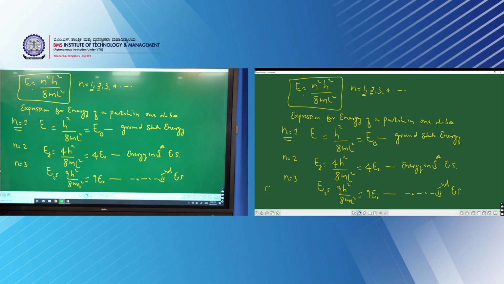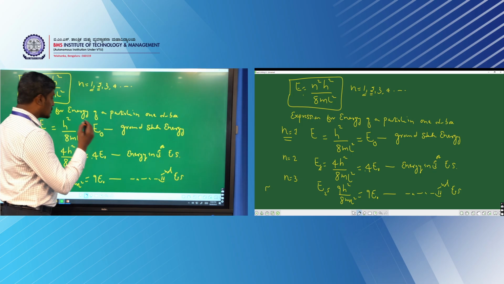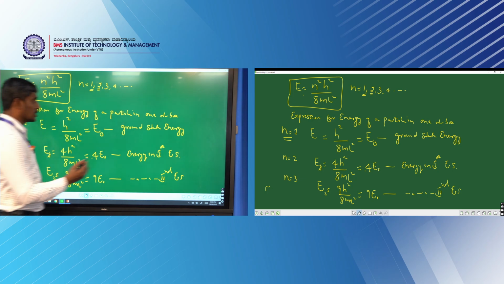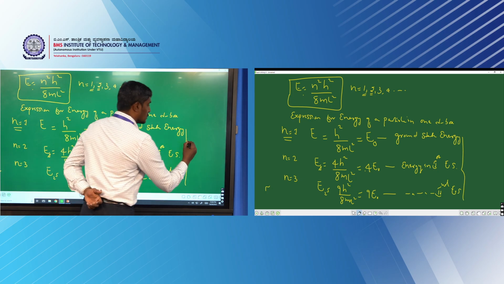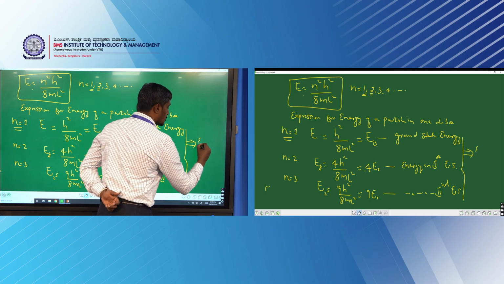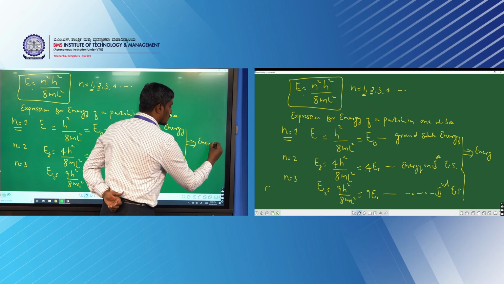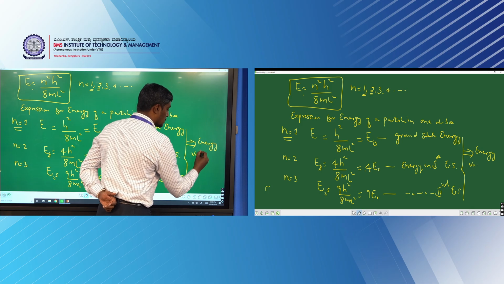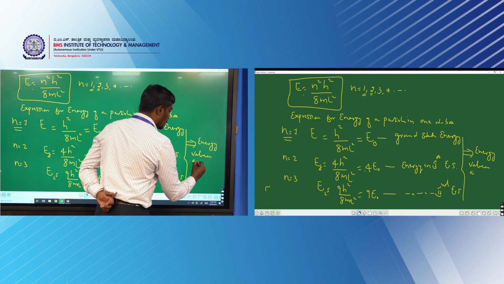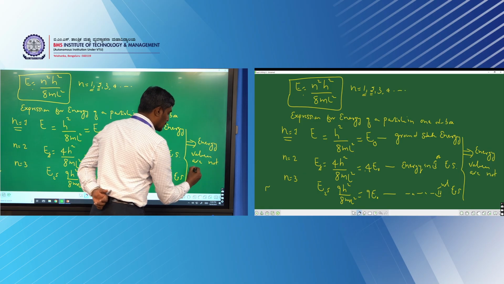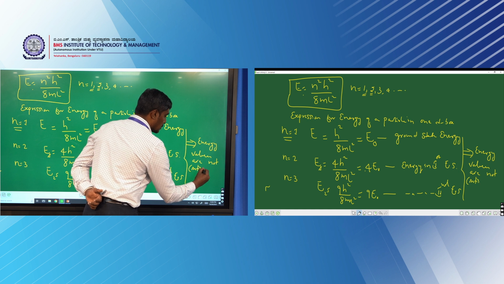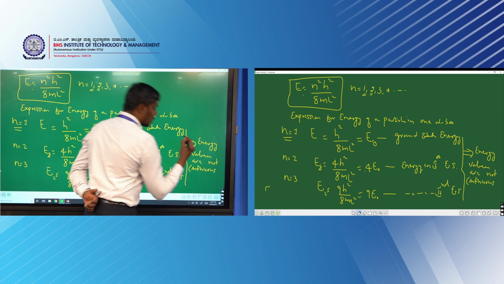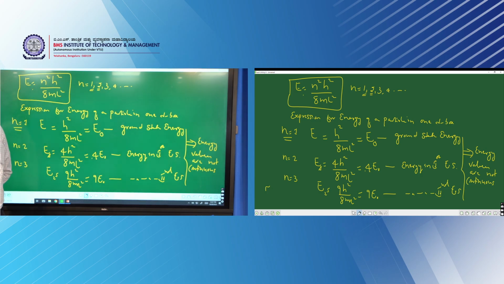If we just see the values of E naught, E1 and E2, it is either E naught energy or 4 E naught energy or 9 E naught. So this shows that energy values are not continuous. And what do we call not continuous energy in quantum mechanics?